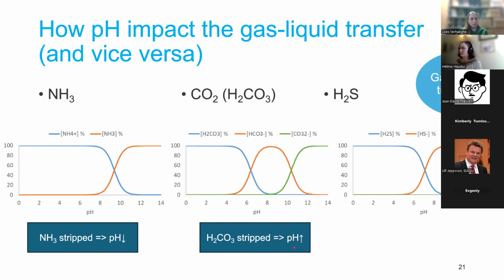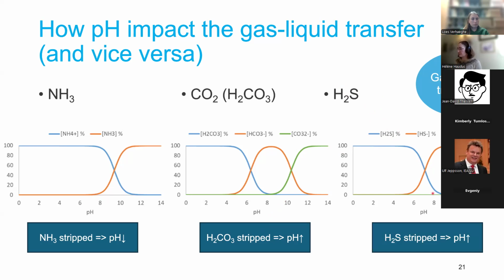Then the pH will increase, and this is a property that is used in some processes to increase the pH. It's quite simple to strip the carbon dioxide when we have good alkalinity. And for the hydrogen sulfide, it is the same as for carbon dioxide: when you strip it, it will increase the pH.